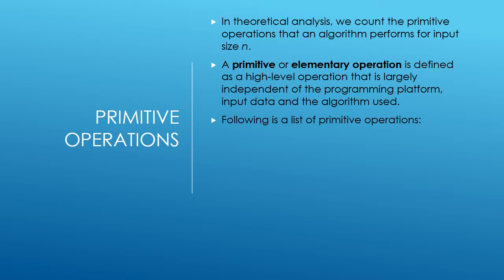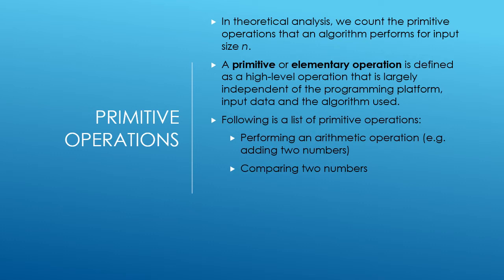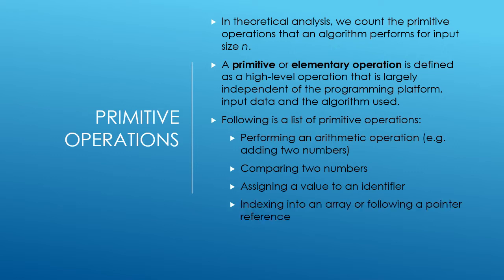Following is a list of primitive operations. Performing an arithmetic operation, for example, adding two numbers, comparing two numbers, assigning a value to an identifier or a variable, indexing into a list or following a pointer reference, calling a method or function, returning from a method or function.